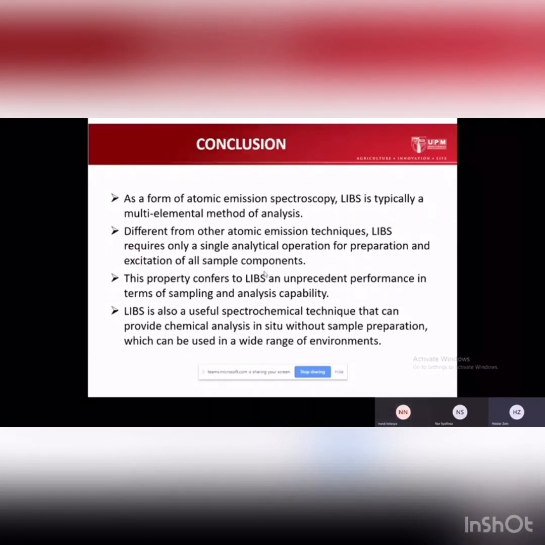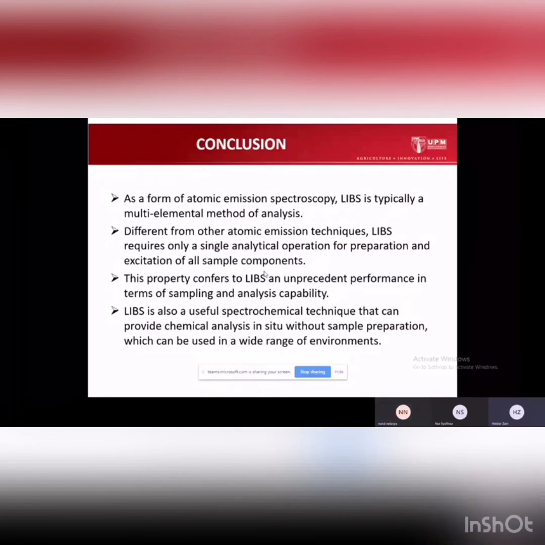As a conclusion, in the form of atomic emission spectroscopy, LIBS is typically a multi-elemental method of analysis. Unlike other techniques, LIBS requires only a single operation for preparation and excitation of all sample components.